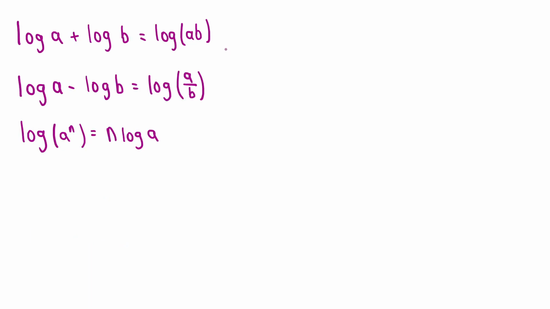Another thing to note is that the properties of logarithms apply to the common logarithm, which is a logarithm of base 10, and we just denote that as the logarithm of some number without specifying the base. So log of a plus log of b is equal to log of a times b, and this is analogous to the product rule of logarithms, except we're using the common logarithm.